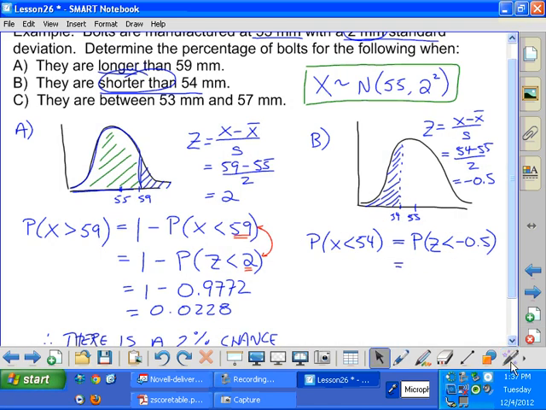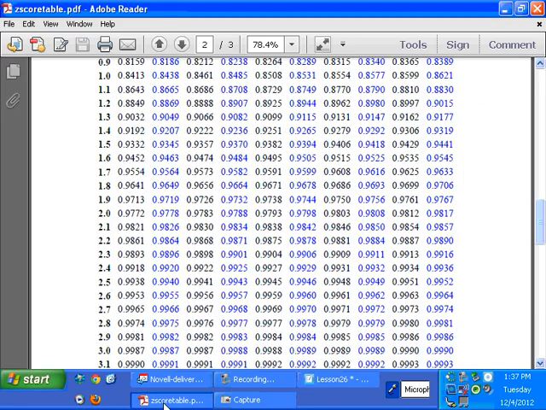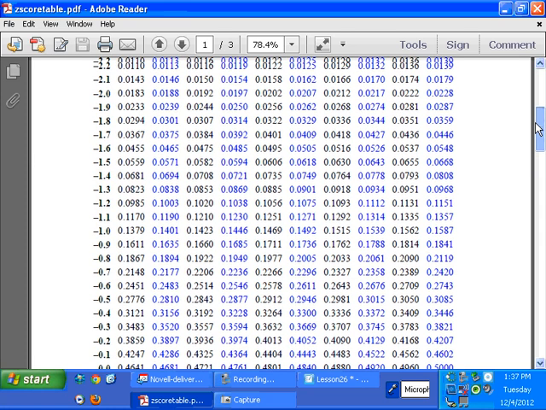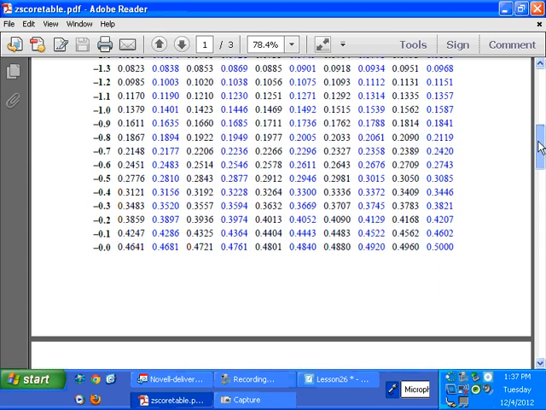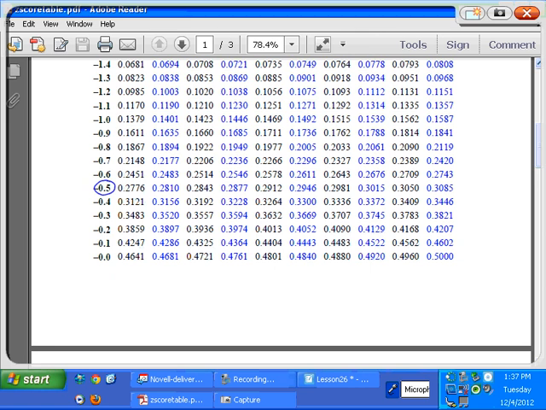Because it's the area I want, I go straight to the Z-score chart and look for negative 0.5. There are my negatives. Here's negative 0.5, and remember, it's really negative 0.50. This is the one I want, so I take forward 0.2776.